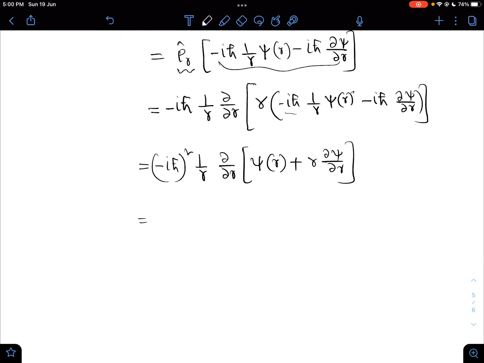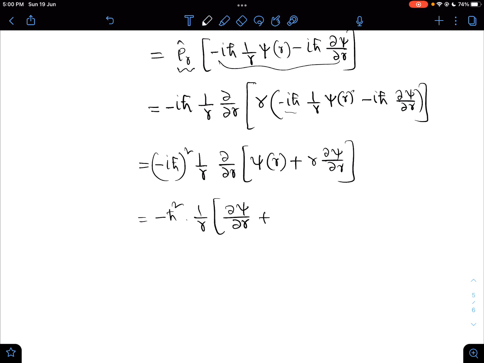So this gives us minus h cut squared 1 by r; the first term gives del psi del r, and from the second term we get del psi del r plus r del squared psi del r squared.